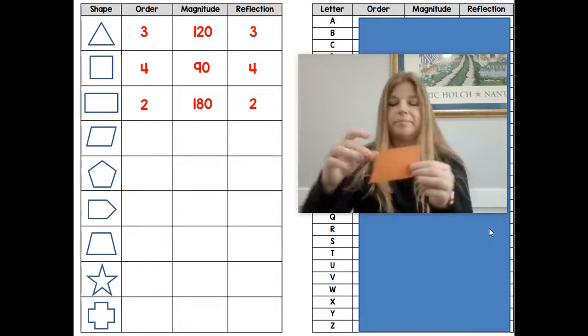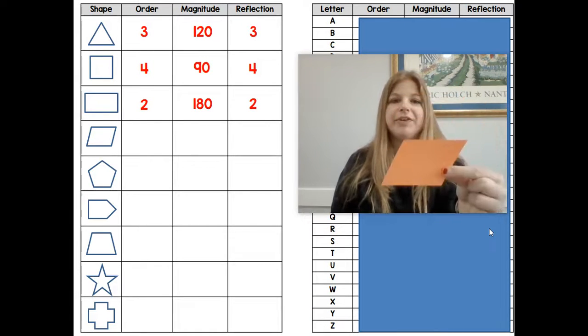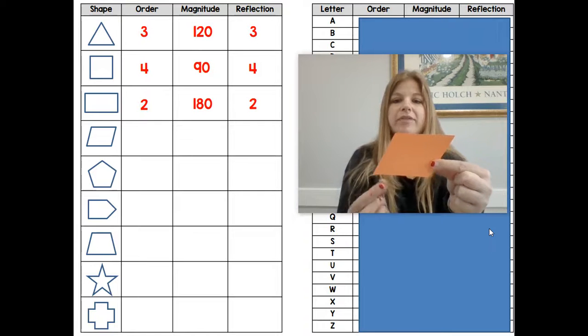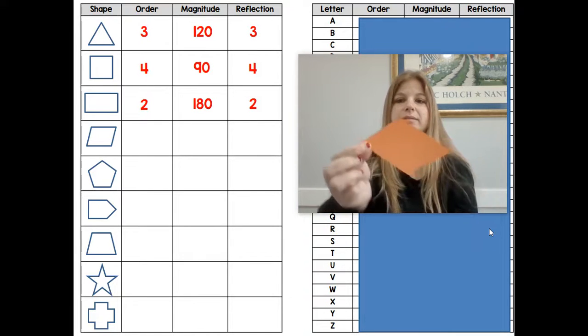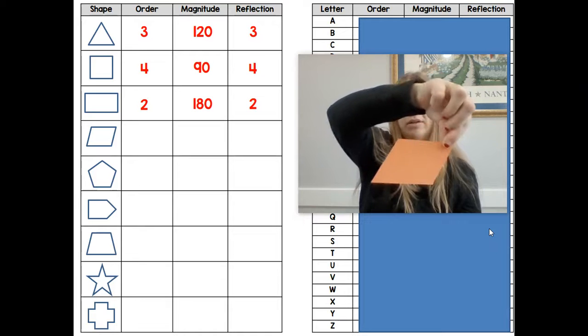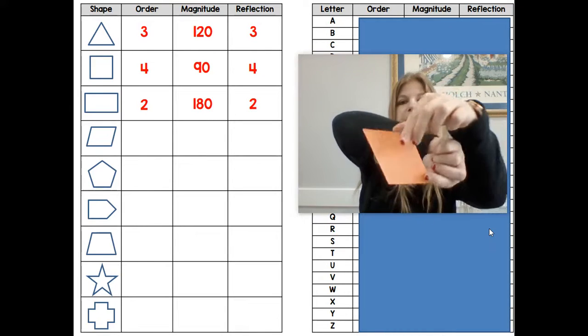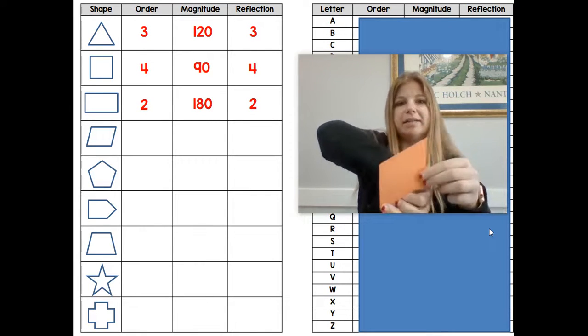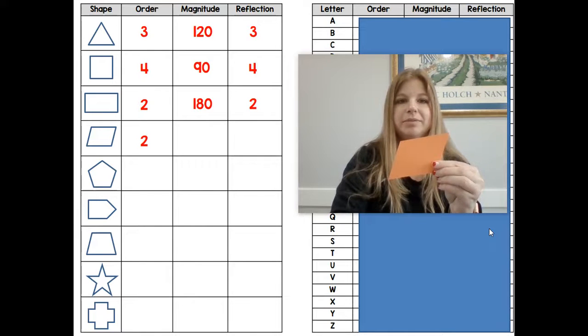Now, a parallelogram. This figure here. If I rotate it once, it looks identical. If I rotate it twice, it looks identical. So my order is 2. My magnitude is 180.